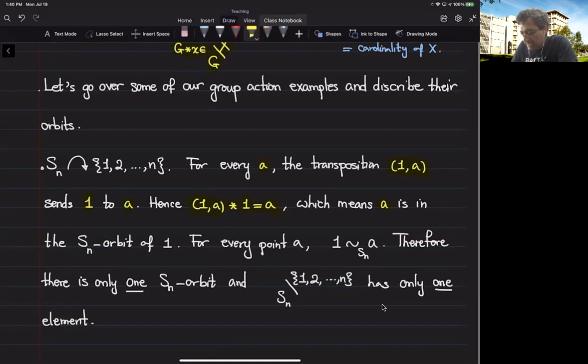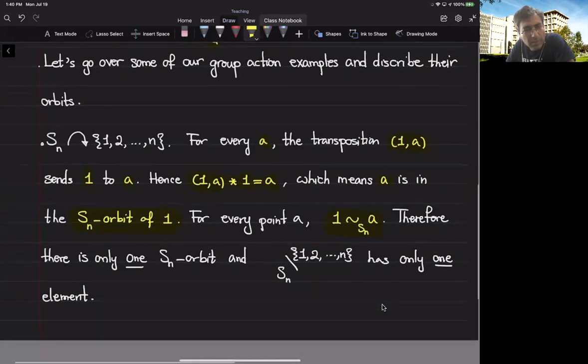A is in the S sub n orbit of 1. Every point is S sub n similar to 1. Therefore, there is only one S sub n orbit. That means this quotient has only one element.